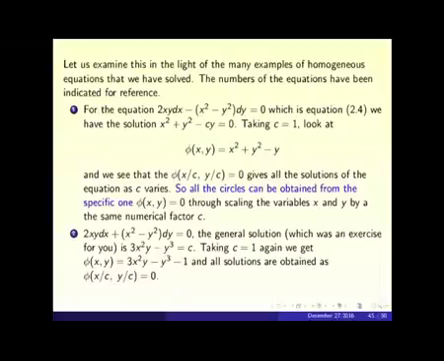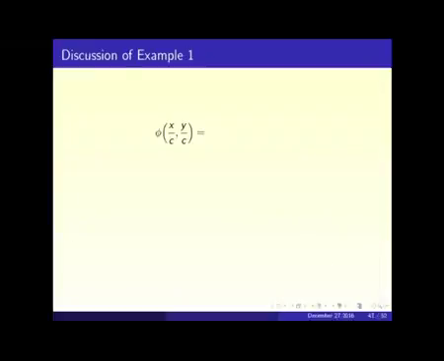Let's see. So, phi of x upon c, y upon c will be what? It will be x by c the whole squared plus y by c the whole squared minus y upon c. So, phi of x upon c, y upon c equal to 0 gives x squared plus y squared minus cy equal to 0.